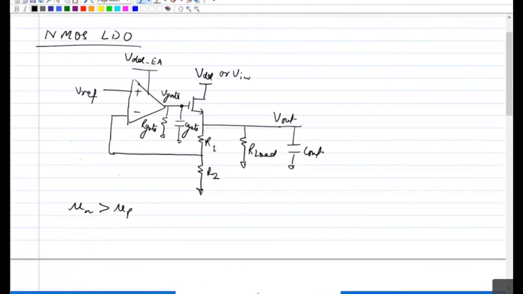That can be generated if you have a single supply. Let's say the VDD was 1.2 volt and you require 1.6 volt, so you need to boost it, so you require a capacitive charge pump. Or in your system, let's say you have both 1.2 volt and 1.8 volt, then you can hook up your error amplifier to 1.8 volt. So that's what you need to do.